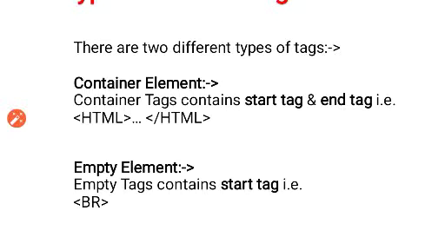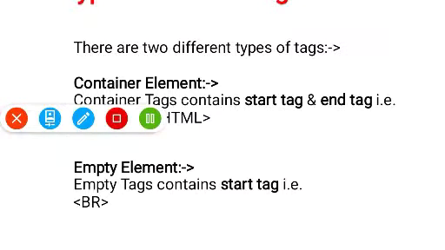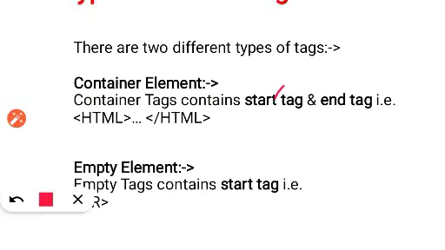There is no end tag or on tag or off tag. The start tag is also known as on tag, and the end tag is also known as off tag. Okay, so on and off tag. You can see the examples of container tag. It is HTML, or empty tag, it is BR.